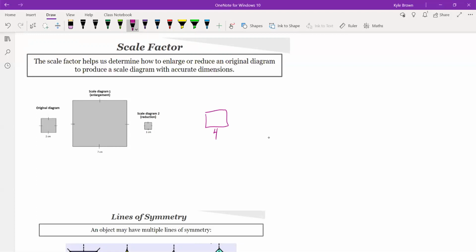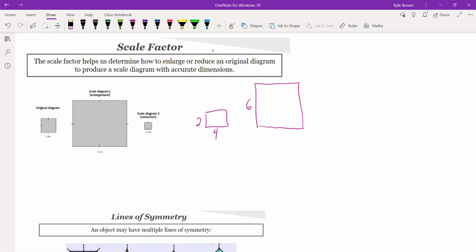Well, that would just mean that every side length on the box was 3 times bigger. So if this was a box and that was 2, and the scale factor was 3, that means everything would be multiplied by 3. So 4 times 3 would be 12, and 2 times 3 would be 6. Everything is that many times bigger.